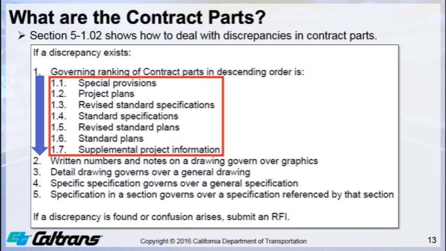The highest ranking contract part is the special provisions. The next highest is the project plans. The next highest is revised standard specifications, then the standard specifications, then the revised standard plans, then the standard plans, and lastly, supplemental project information.